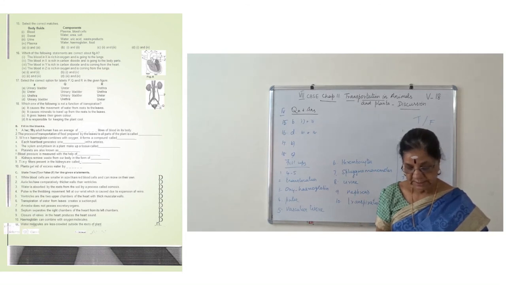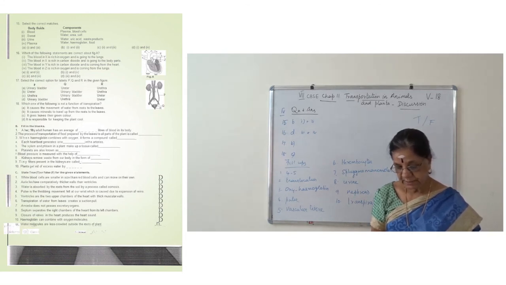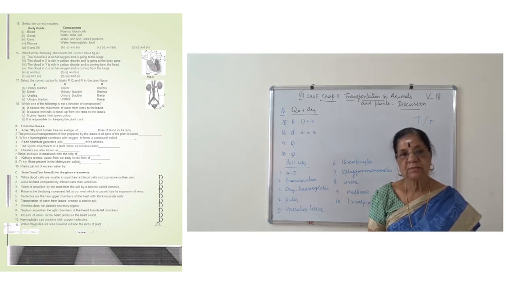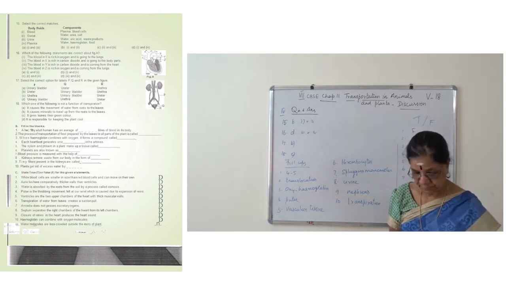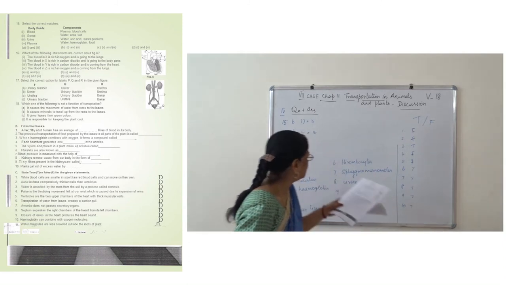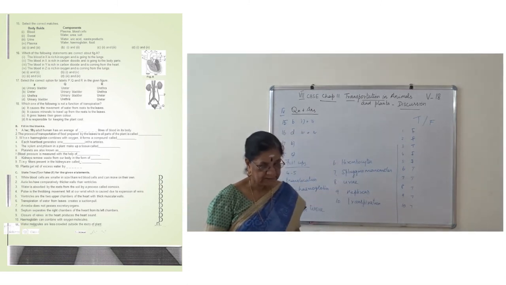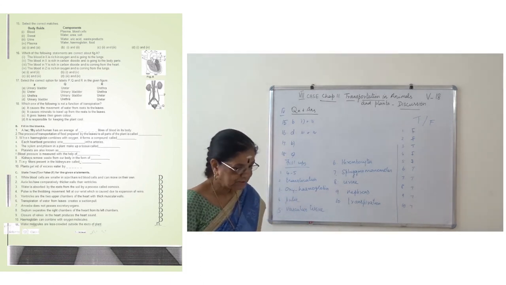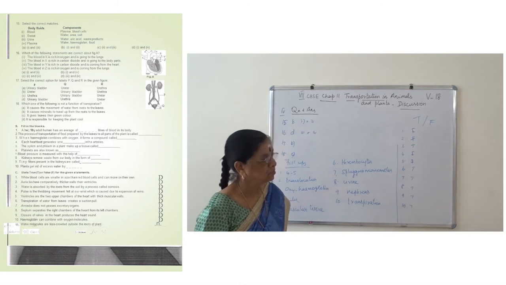Fifth one, the xylem and phloem in a plant make up a tissue called vascular tissue. Then question 6. Platelets are also known as thrombocytes.